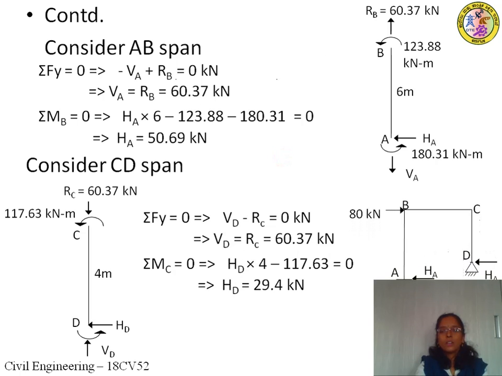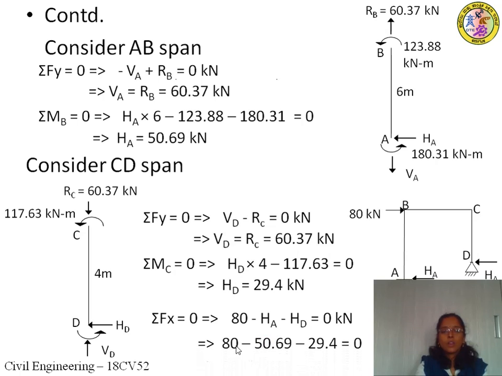So let us apply this to the given frame. These are the horizontal reactions, so this should have been HD. If you apply sigma Fx equals 0, the 80 is acting in positive x direction, so plus 80 minus HA minus HD equals 0. So that gives 80 minus 50.69, since HA is 50.69 and HD is 29.4, which equals 0.